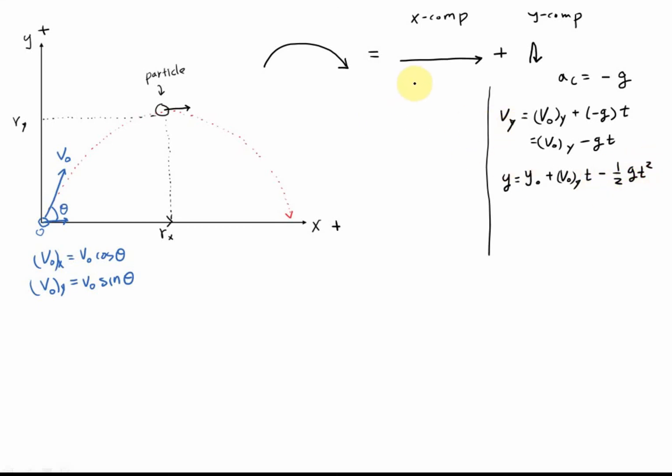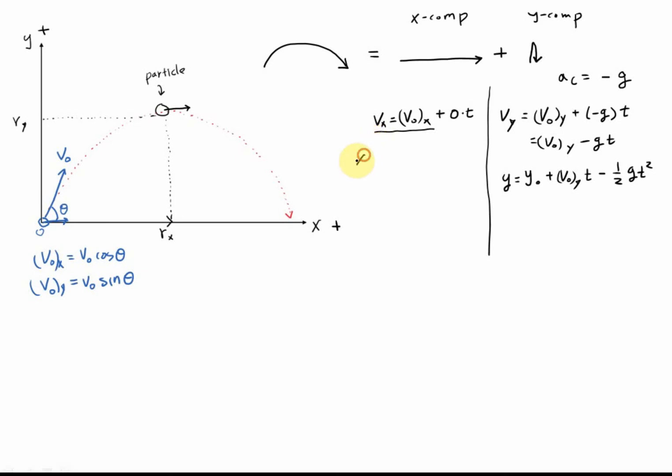How about the x component motion? My x component velocity is equal to my x component of initial velocity plus a t, but right now there's no acceleration, so the acceleration is 0. So you know that the x directional velocity is always conserved unless you apply an additional force along the x direction.